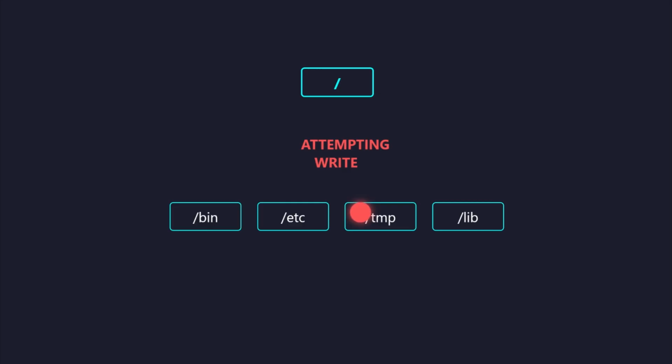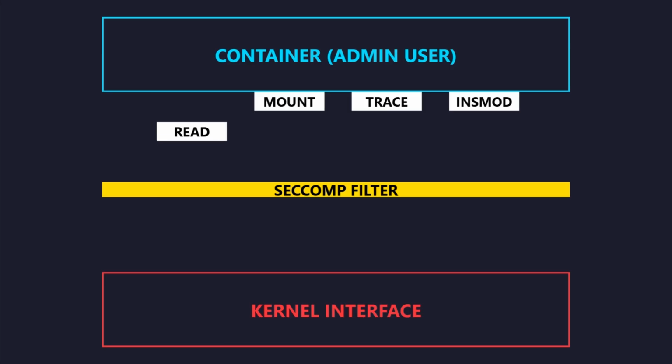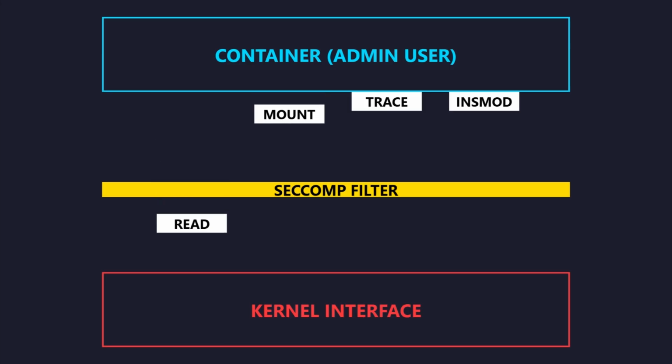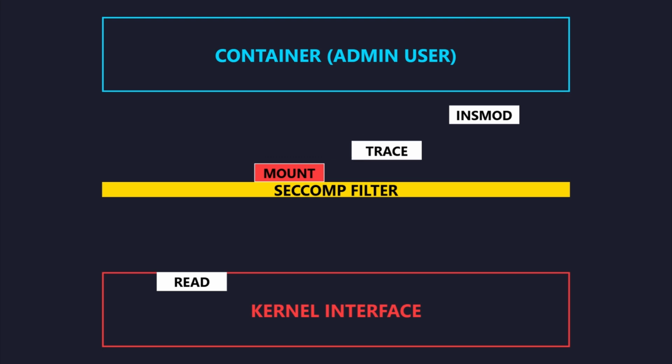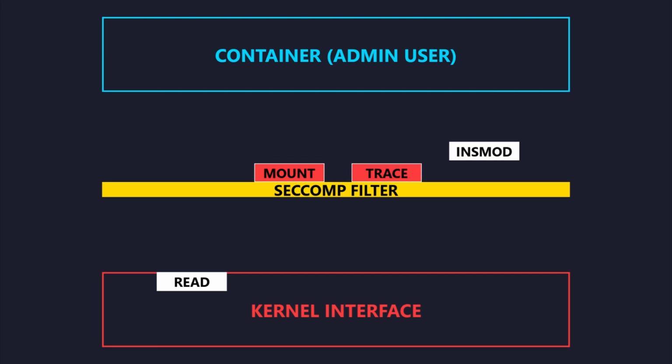Configuring a read-only configuration on the container root file system prevents malicious entities from writing temporary exploit payload binaries or altering runtime configuration scripts, effectively blocking the injection steps necessary to complete a successful control group escape chain. Apply tailored secure computing filter profiles to restrict access to high-risk system call interfaces like ptrace, mount, and insmod, ensuring that even if an administrative user runs a container, they cannot trigger low-level kernel mutations.